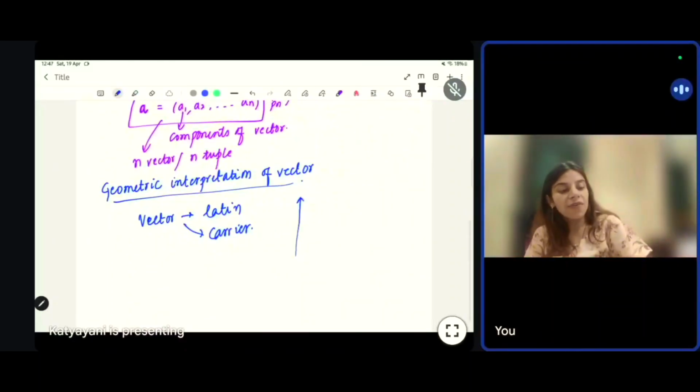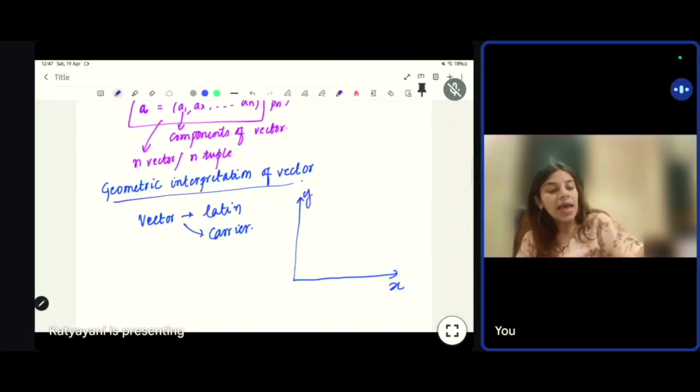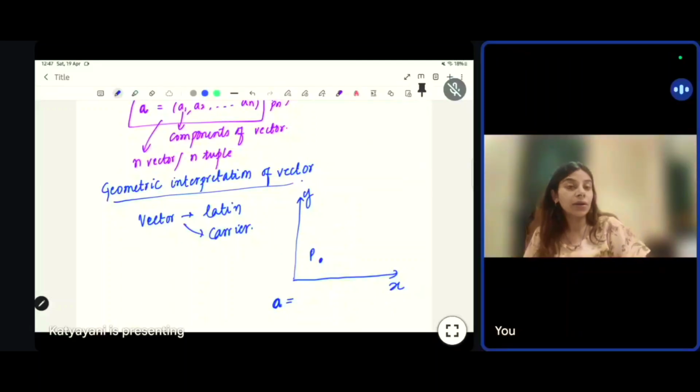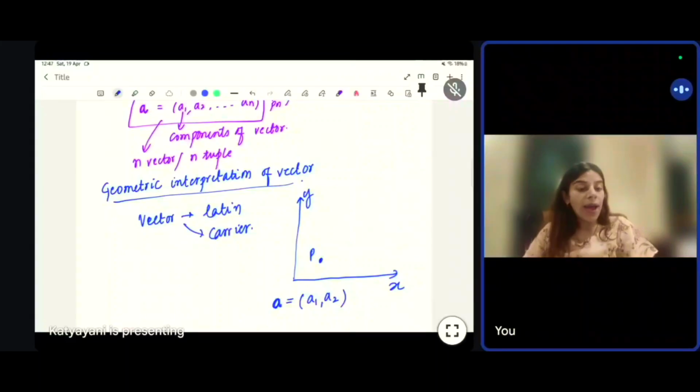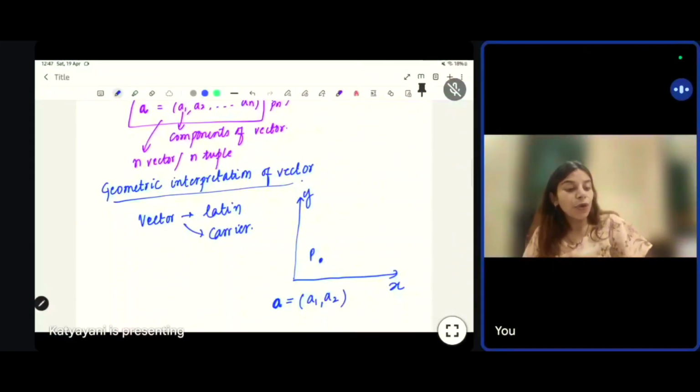Suppose I have my xy plane here, x axis, y axis, and initially suppose I am at point P, right? Whenever I write a vector A, so A here is in bold because I am writing about vectors. Whenever I write a vector A1, A2, इसका मतलब है I am moving A1 distance on the x-axis and I am moving A2 distance on the y-axis. So if I am starting from point P, or P के coordinates are suppose P1 and P2, right?